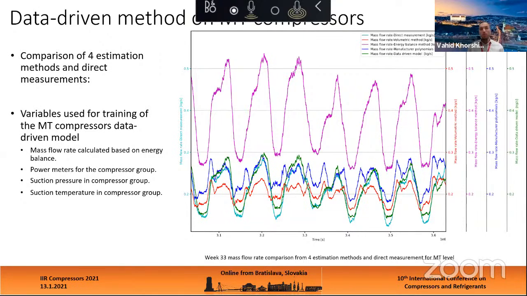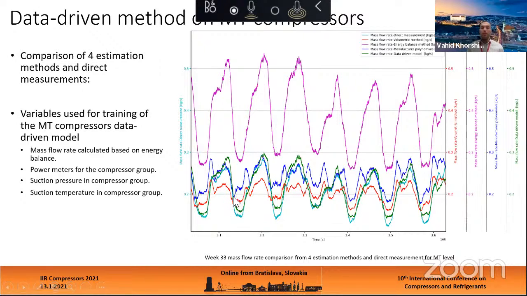Regarding the MT compressors, we have repeated the same thing. When comparing with the actual measurements from the field, we realized that only a few analytical methods are giving good results. It can also be seen from the trend that the energy balance method is matching pretty well, while the volumetric method and manufacturer polynomial method are not following the trend of the mass flow rate very well.